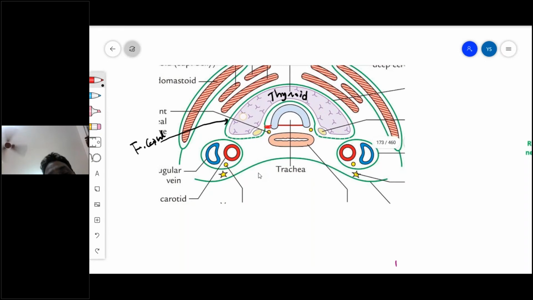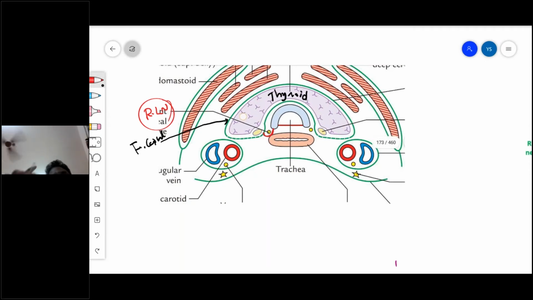Because behind this ligament, not in front, behind this ligament, one nerve is passing. That nerve is the recurrent laryngeal nerve. This relation is important. Later I will explain. Right now we see the relations of the thyroid gland.